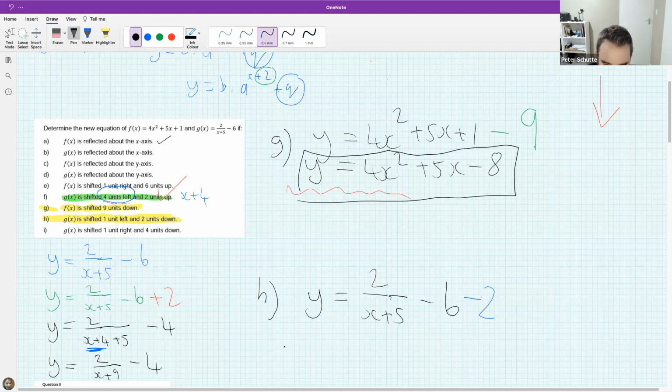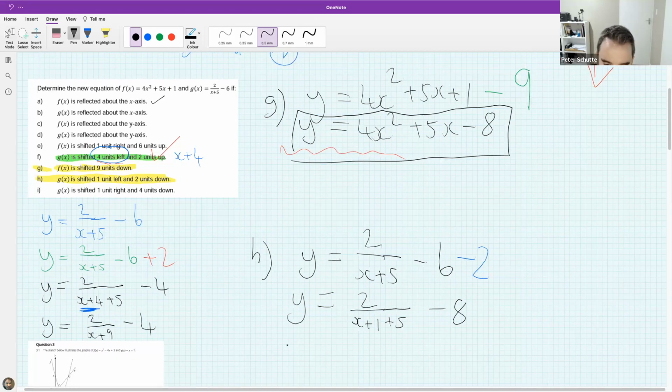The little bit harder part is the x, but remember the x works a bit weirdly. If I want to go 1 unit to the left, that's normally the negative direction. So where there was an x, I'm going to go x plus 1 to move everything to the left. But I mustn't forget there's a +5 hanging around. And so what is my final transformed function going to be? It's going to be 2 over x plus 6 minus 8.